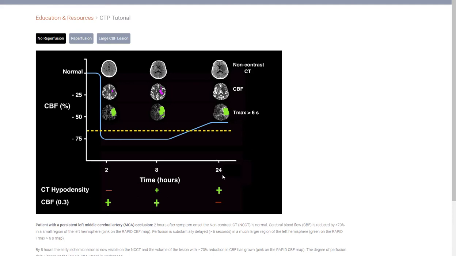Therefore, do not call this ASPECT score liberally. It means a little subtle loss of gray white. You do not want to liberally take points off the ASPECT score. That patient would not receive this thrombectomy treatment.